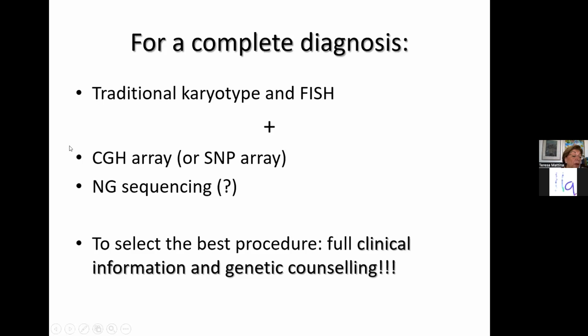Remember that nowadays we start with arrays, and sometimes the karyotype is not performed, but I must tell you that performing karyotype gives additional information, even if array has been performed.